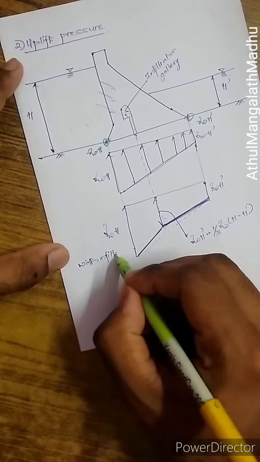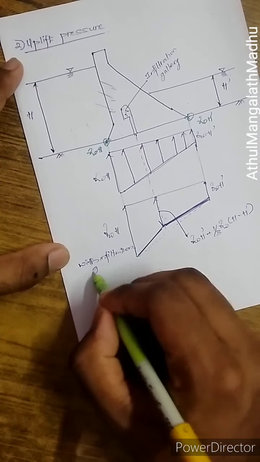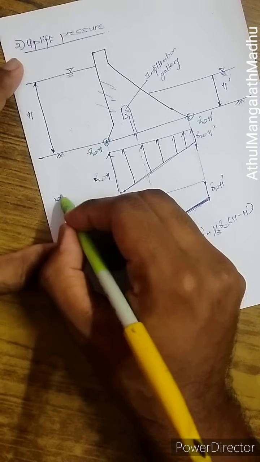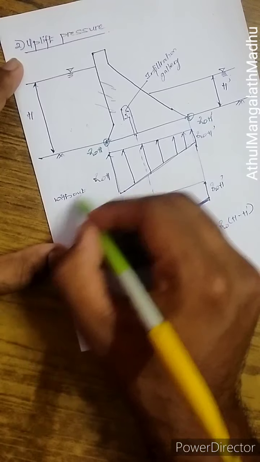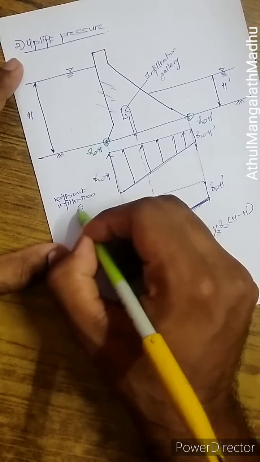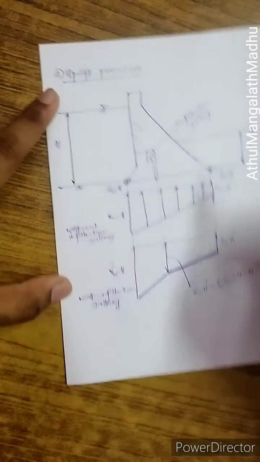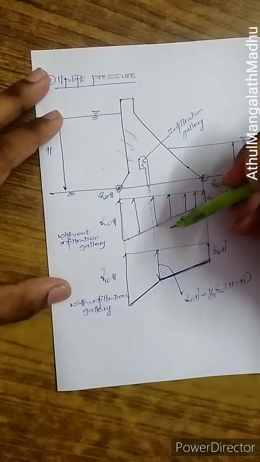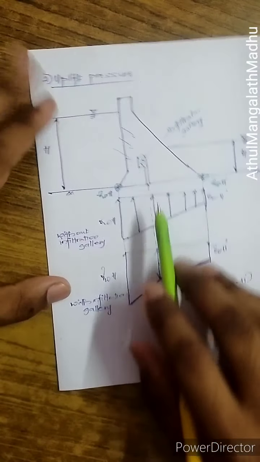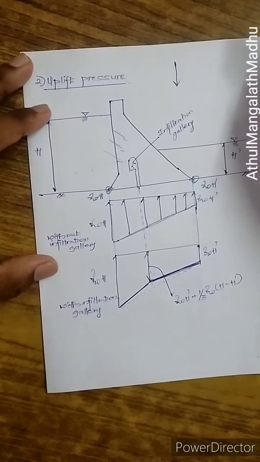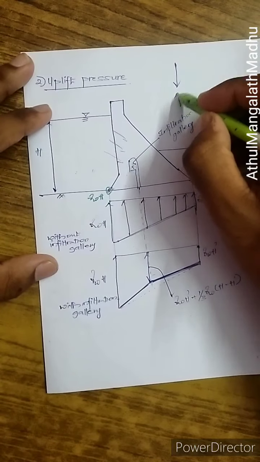If we have an infiltration gallery, this is how the uplift pressure varies, and this is without it. Always remember, the gravity dam needs more and more self-weight. Self-weight is acting downwards, and the uplift force is acting upwards, opposing the weight.